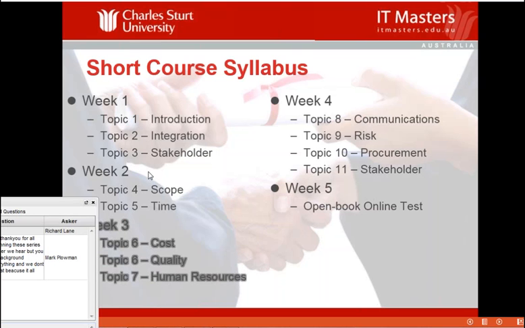Hopefully everybody has a good understanding at this stage of what we're covering here: these are knowledge areas in PMBOK, and we have knowledge areas and we've got process groups, and it's important to get to know these knowledge areas and process groups. Not only that, but I suggest that you get to know the 47 different processes in PMBOK.